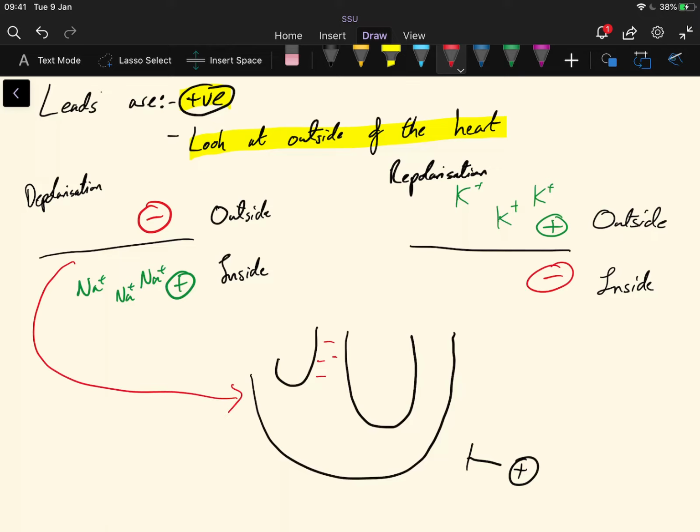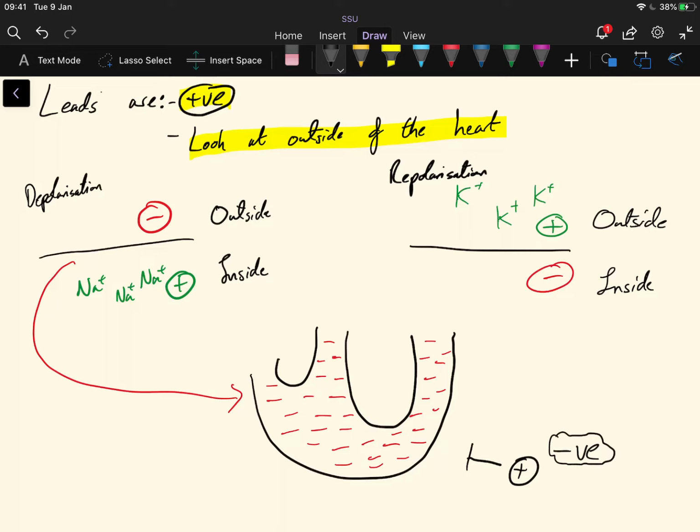The outside is covered in negative charge because it's suddenly lost all these sodium ions that were on the outside and have moved inside of the cell. So the lead here is now picking up negative charge.